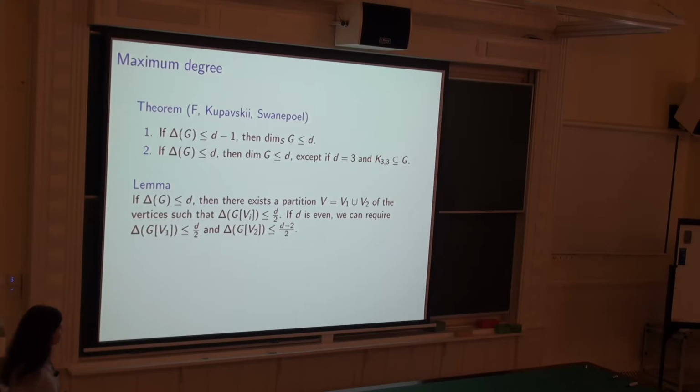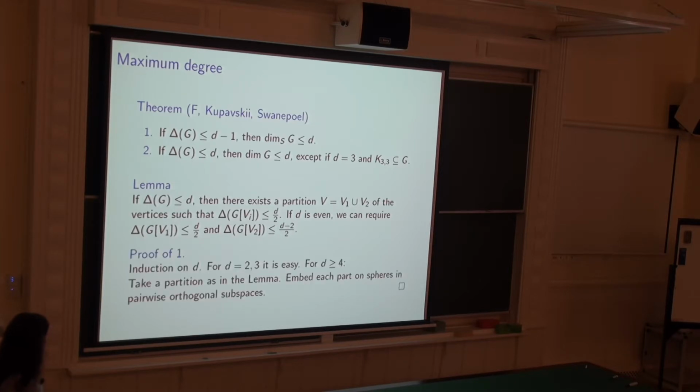And when d is even, we can say something a bit stronger. We can still have that in the first part, the maximum degree is at most half of the original maximum degree, and in the second part, it can be one less.